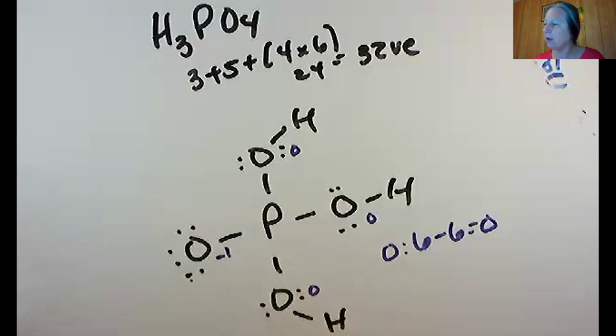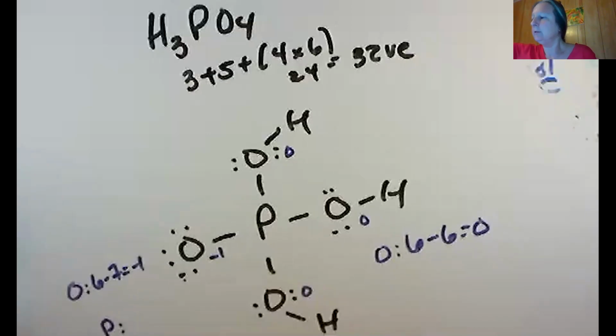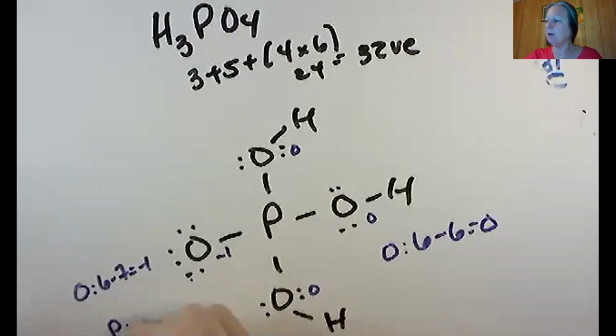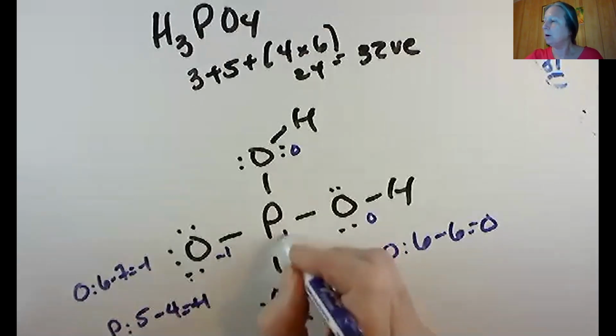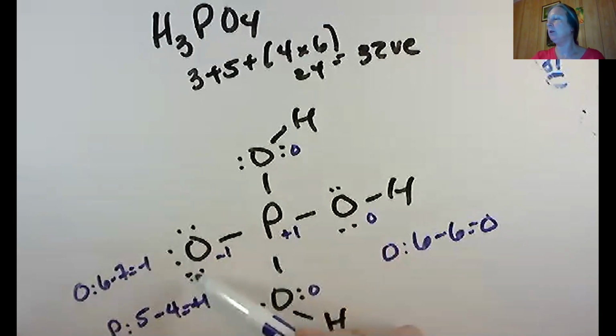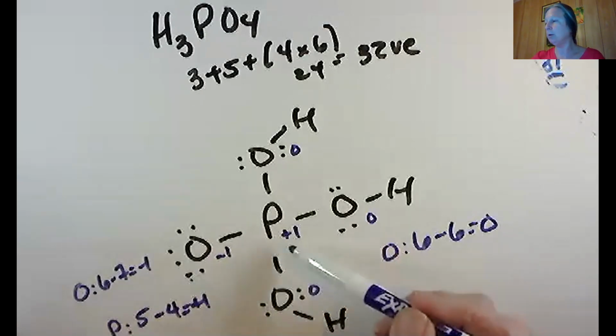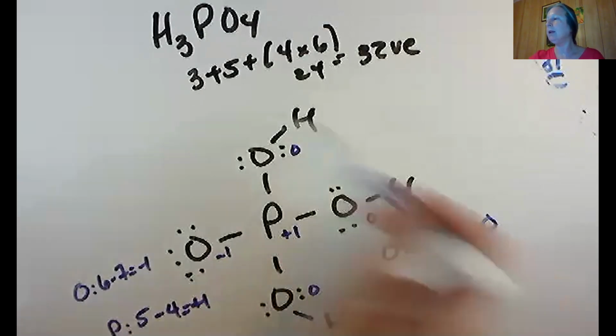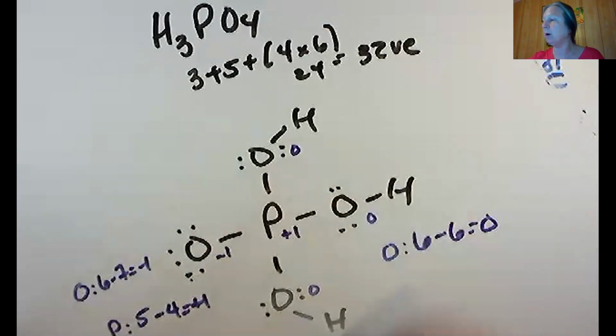Let me write this next to it. My phosphorus has a valence number of 5. It's underneath nitrogen, -1, 2, 3, 4. Okay, so I have a -1 on this oxygen, a formal charge, a +1, but my net charge as a molecule is 0, and sure enough, these will add up to 0.